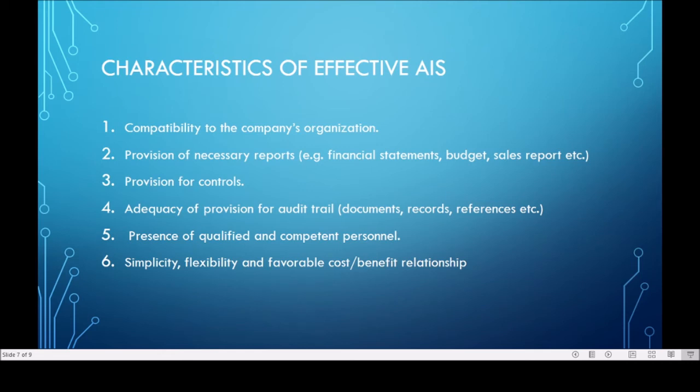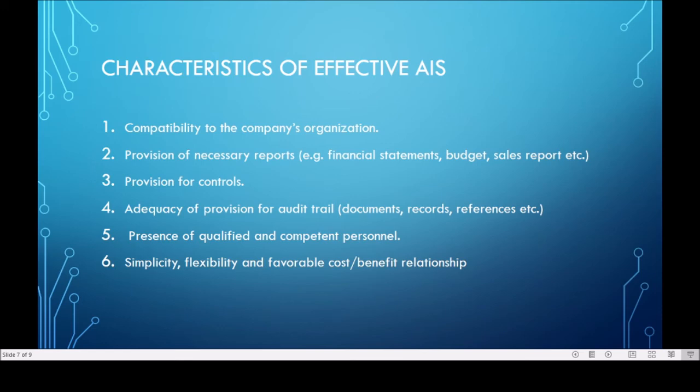Favorable cost benefit relationship: for an effective AIS to be achieved, it must be cost efficient. It is not effective for the company to incur great cost if the benefit from that AIS is not high.